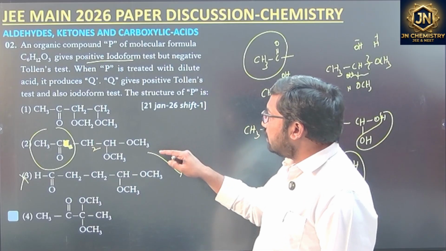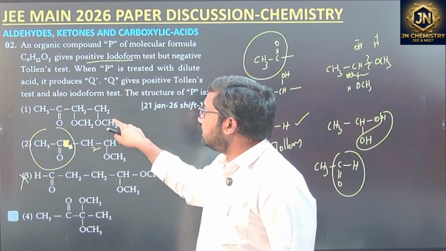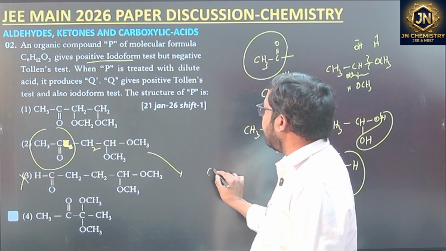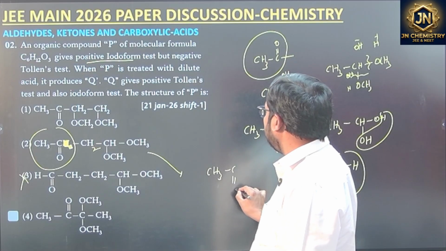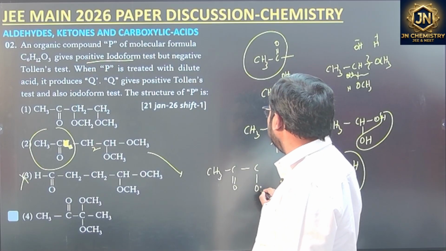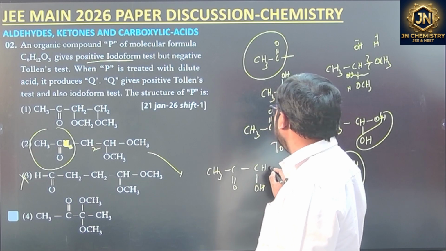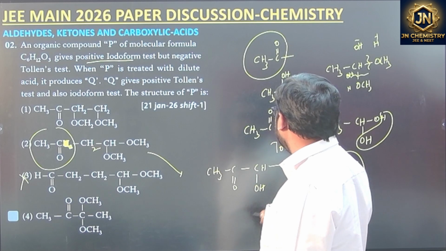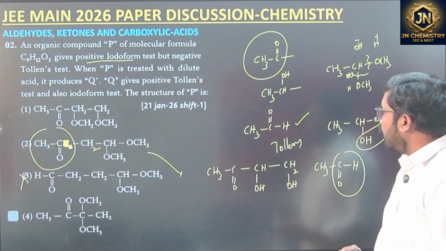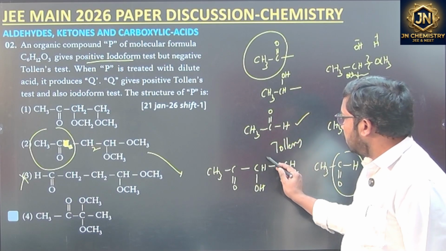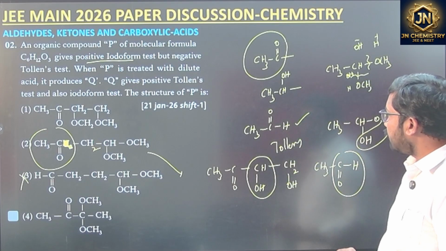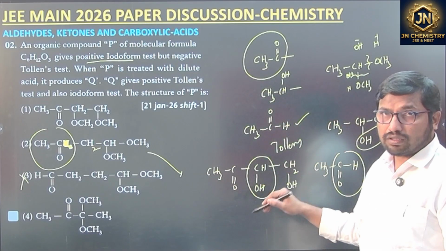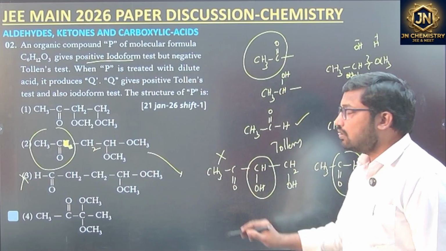And after hydrolysis, here OH and OH are coming, so it also gives CH3C=O and CH2OH. Of course it gives the positive iodoform test, but it won't give the Tollens test.